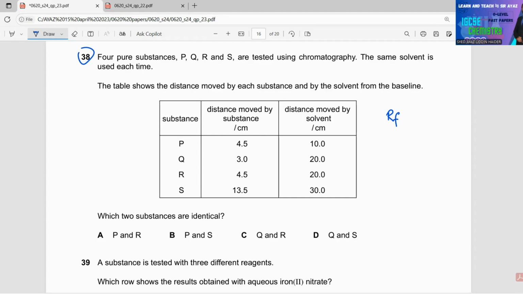So for P, we have 4.5 divided by 10 and we get 0.45. For Q, 3 divided by 20. You will get 0.15.